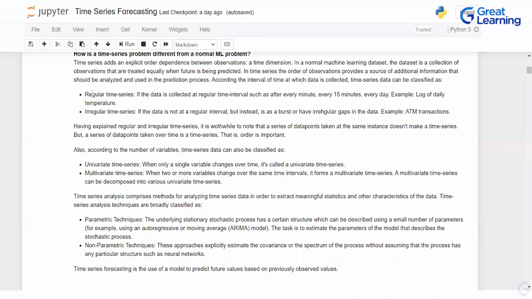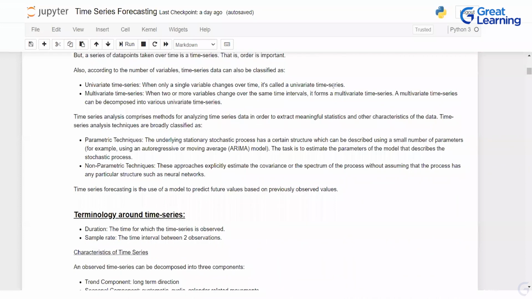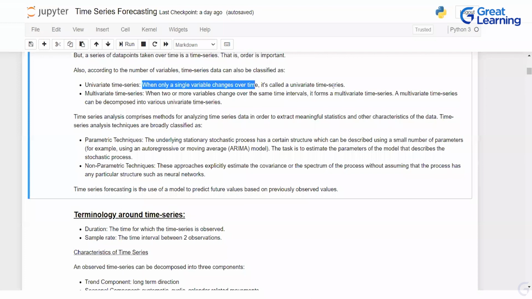Now, coming to univariate and multivariate, this is where the confusion lies. Univariate is when a single variable changes over time. It's called a univariate time series. Like if I am just predicting confirmed cases, or not predicting, I would say forecasting. So forecasting, if you are doing it only on the confirmed cases, this is univariate.